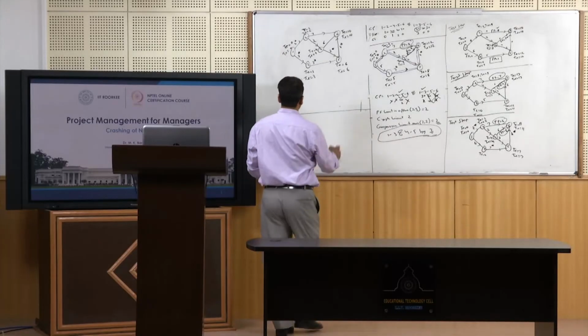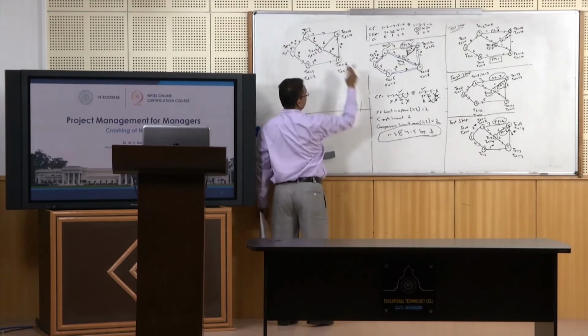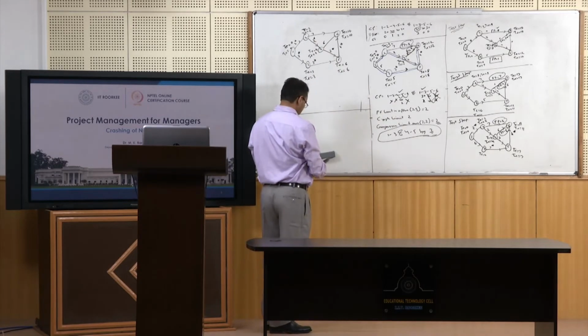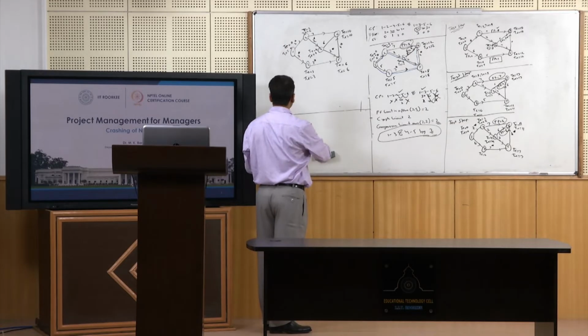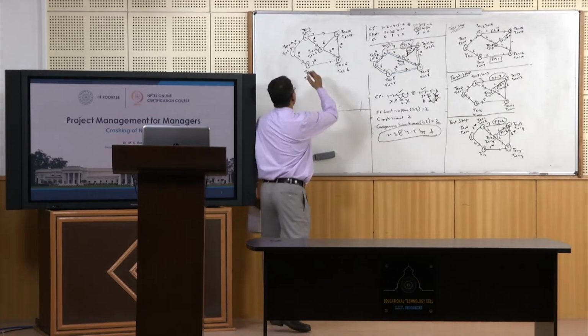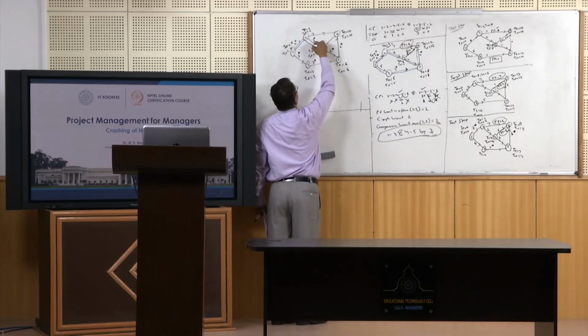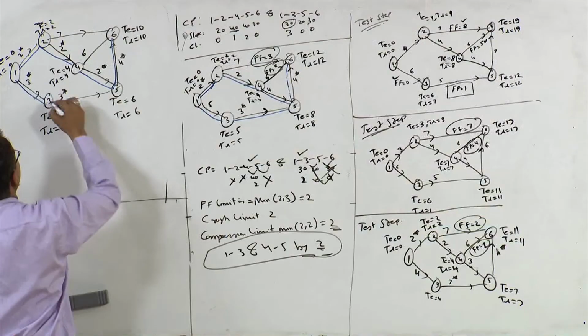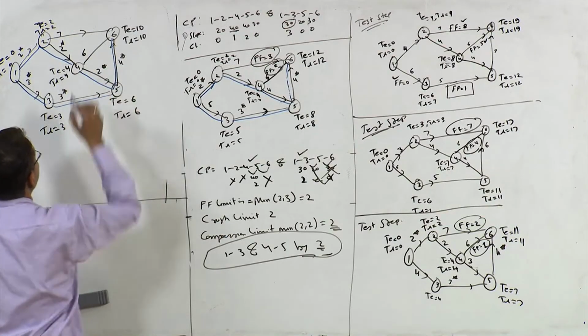In fact this also is exhausted, right? 2 4 is also exhausted. So the critical paths will remain same. So you have got 1 2 4 5 and 6, 1 3 5 and 6, right?